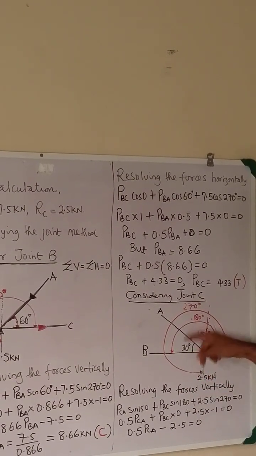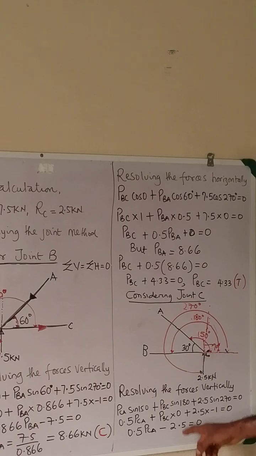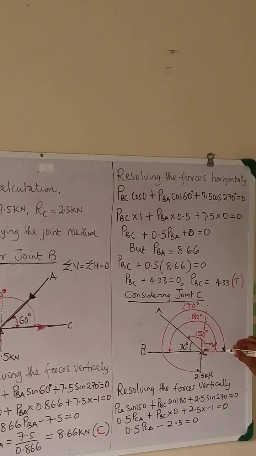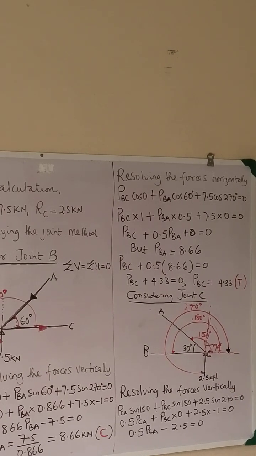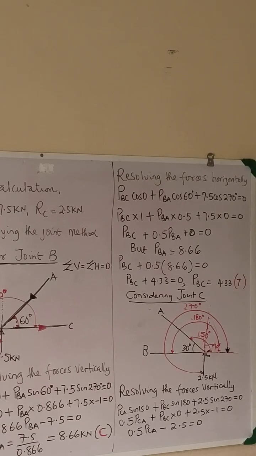Because the angle between them from C to B is 180 degrees and is horizontal, we have PBC times sine 180 degrees. We do a similar thing to this, and so this is 2.5 sine 270 degrees, because if you move from the positive side of X down to where this force is, it will be 270 degrees.